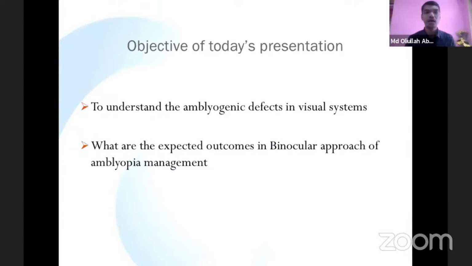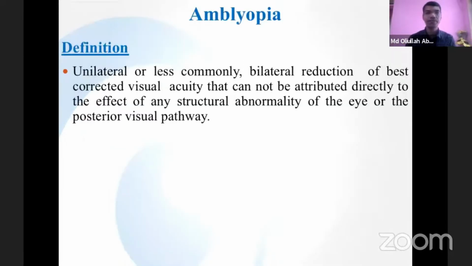We'll try to understand what the amblyogenic defects in the visual system are, though we know it is something beyond the eye, but what exactly it is and where it is. And if you choose a different approach like dichoptic, what outcomes will there be as a binocular approach in the management.